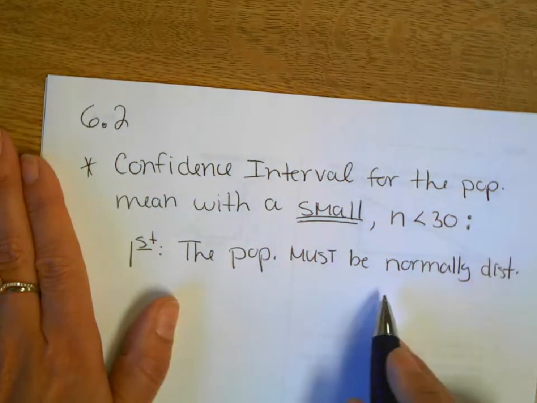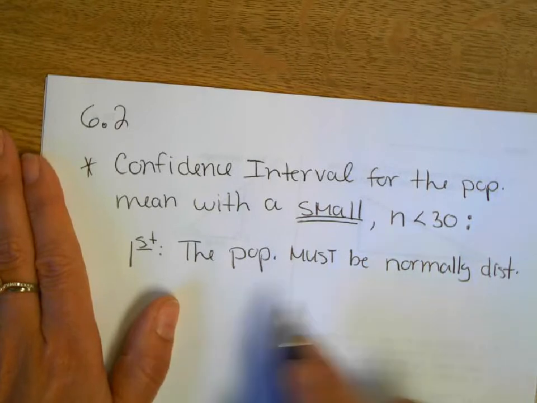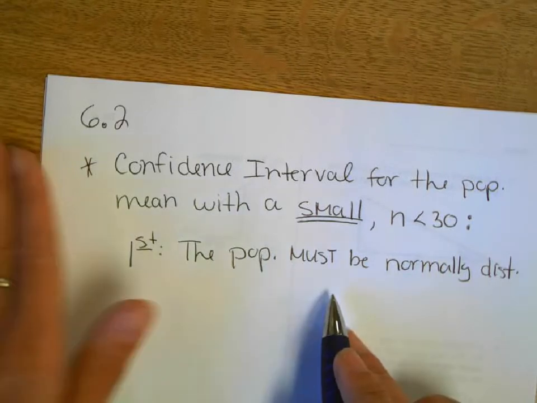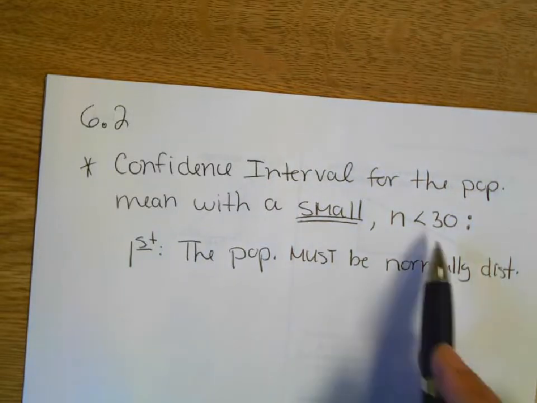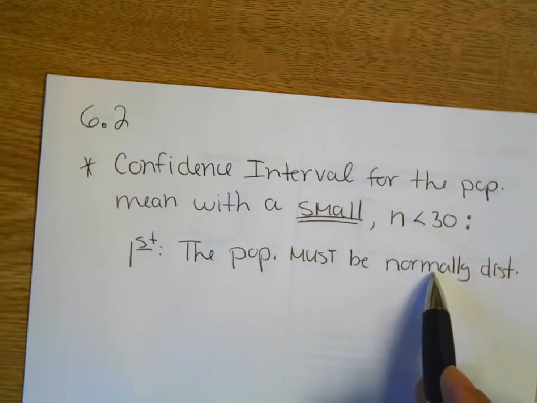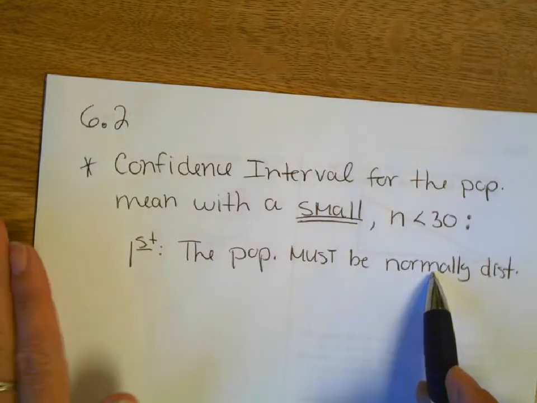Somewhere in the problem, it's got to say, it is known that the population of backpack weights are normally distributed. Because if you've got a small sample and it doesn't say that it's normally distributed, you cannot do any stats with it. It's impossible.